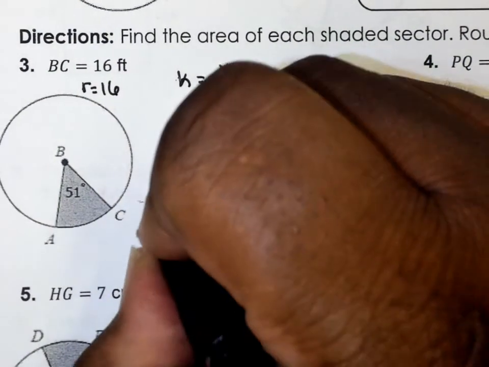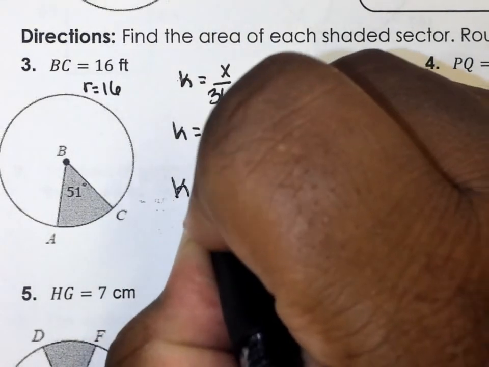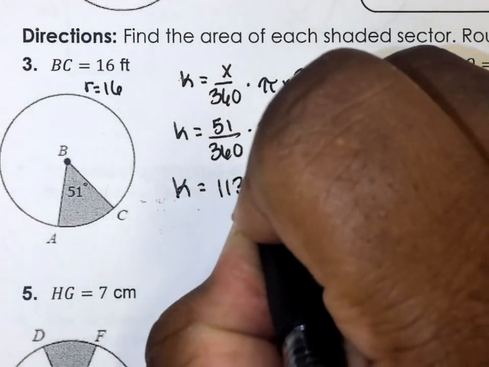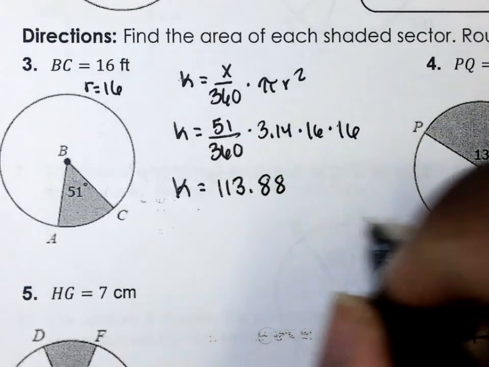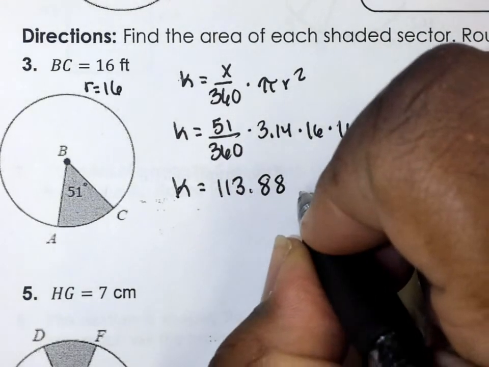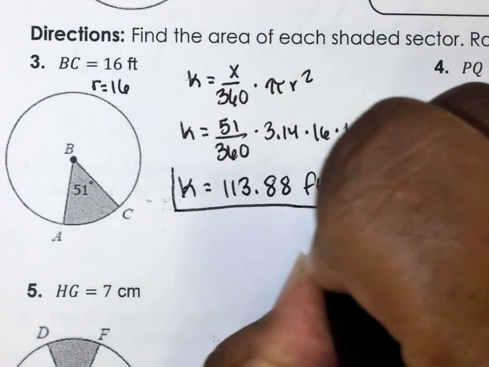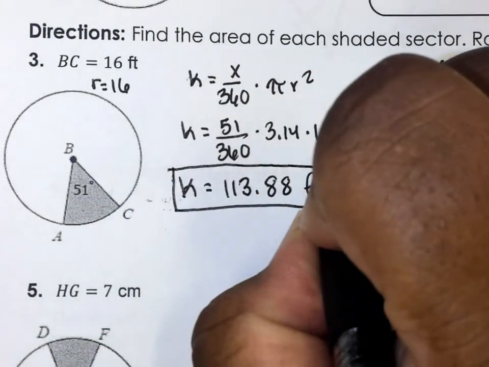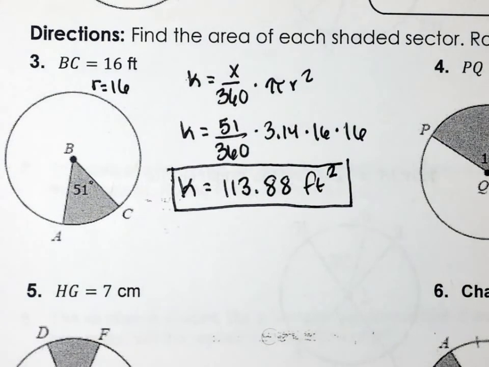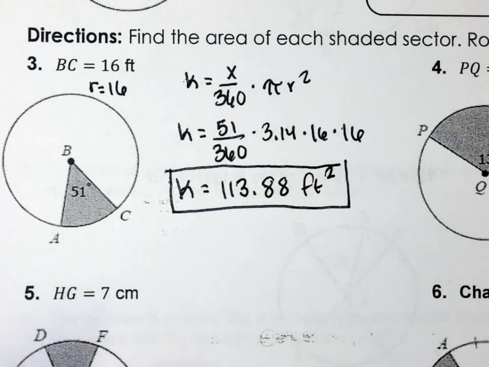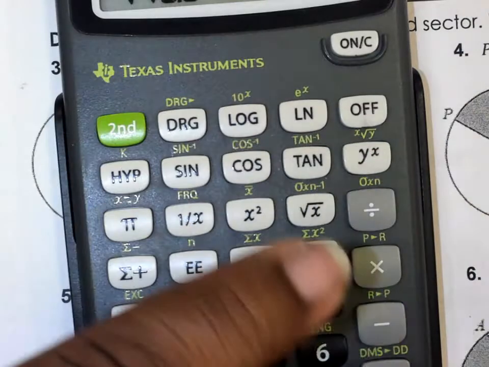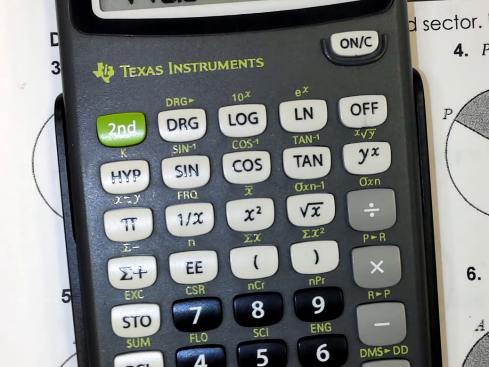Round it correctly, what would this be? 113 point what? 88. It's okay, but I'll do that right now.